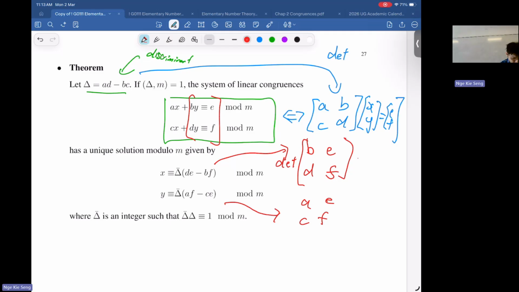So this is BF minus ED, meaning there's a minus sign in front of this. But for the second one, it's just the determinant of A, C and E, F. AF minus EC. Okay, so this is the second one. How should I draw it? Can I draw like this?